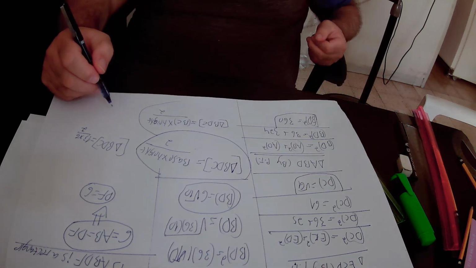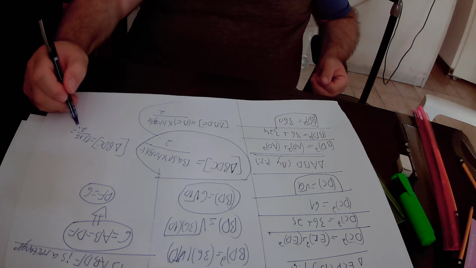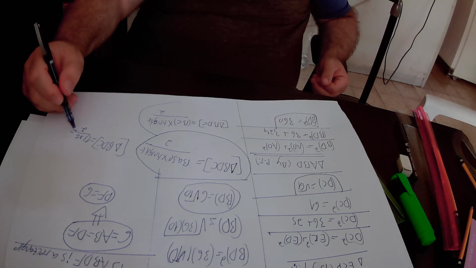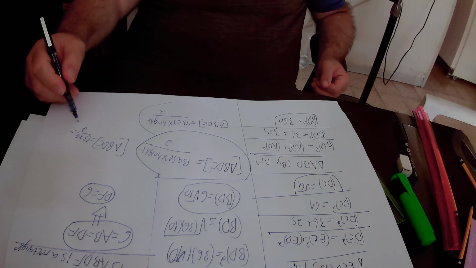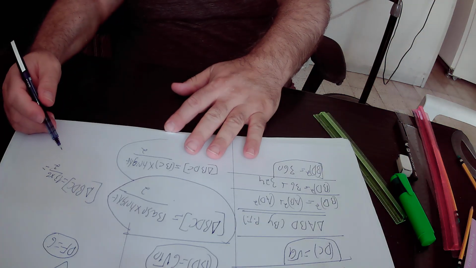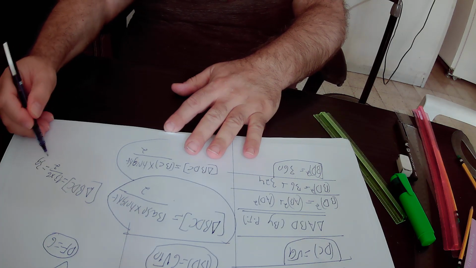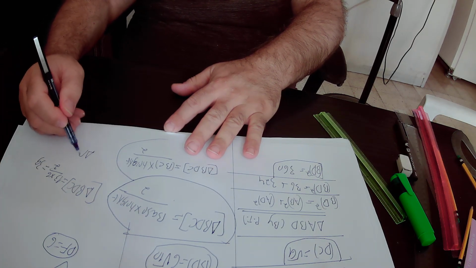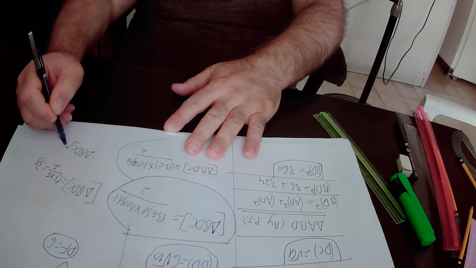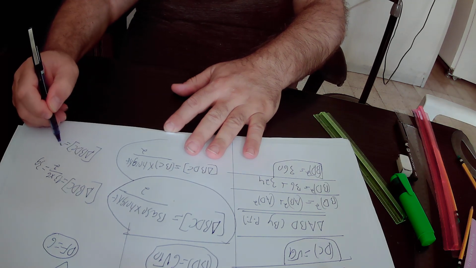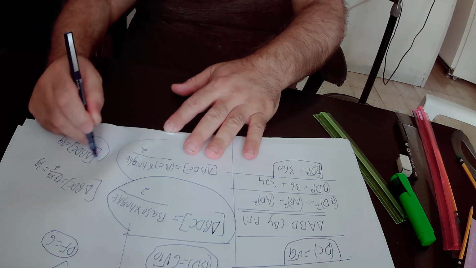So the area of the green triangle BDC equals 13 times 6 over 2. Here 6 over 2 is 3, and 3 times 13 is 39. So in conclusion, the area of the green triangle BDC equals 39 square units. Okay?